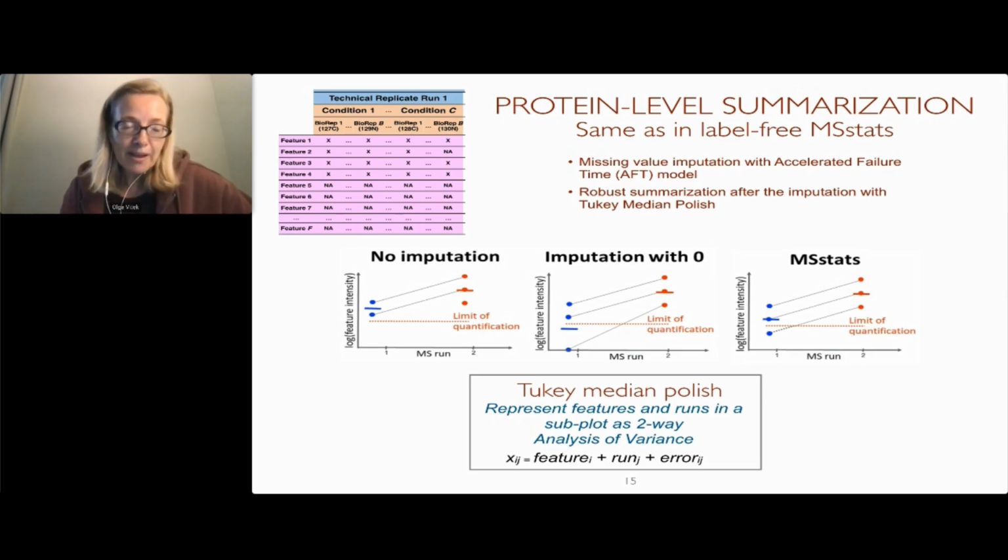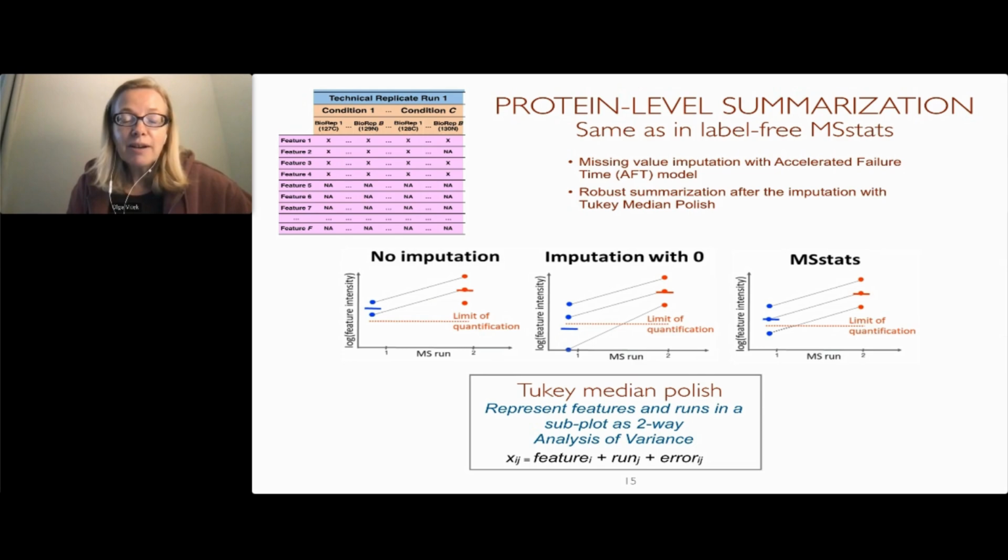Then on the other hand, if we impute with something very small, like 0, then the summary of the 3 blue dots will be lower than it should be. And we would overestimate the effect of regulation. And in MSstats, what we do, we make the assumption that all the PSMs of the protein are supposed to be parallel because they come from the same protein.